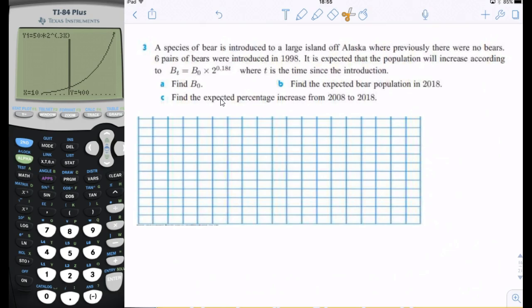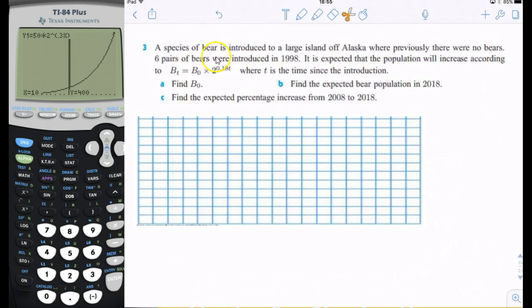Exponential functions have a growth rate that is related to how many people or how many bacteria or how many bears there are. So it's very natural for the solution to these equations to be exponential functions. The more people you have, the faster it grows.